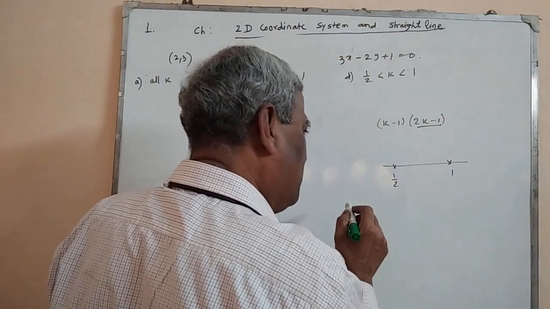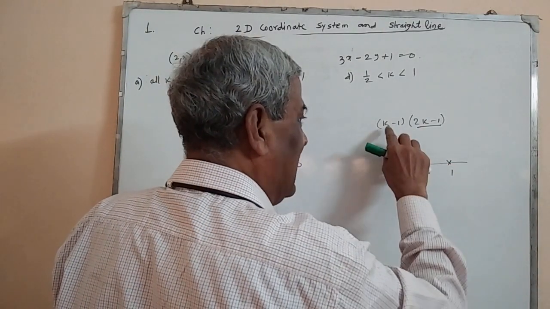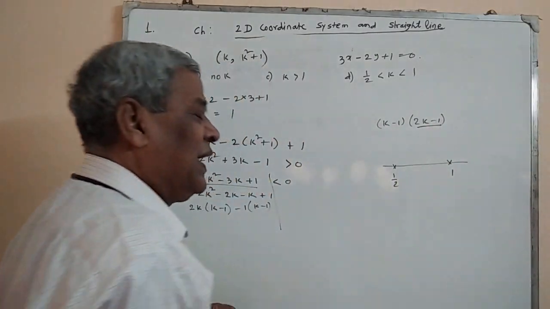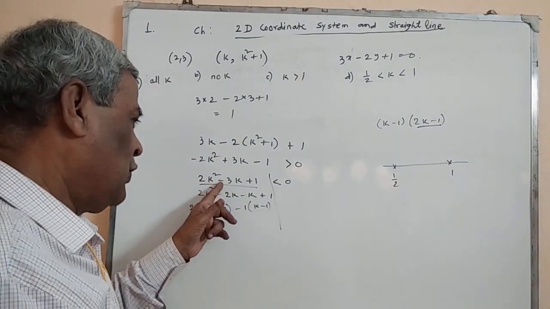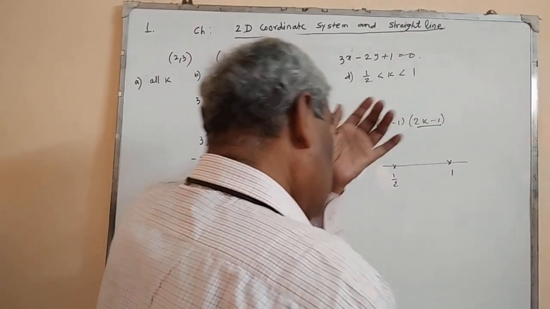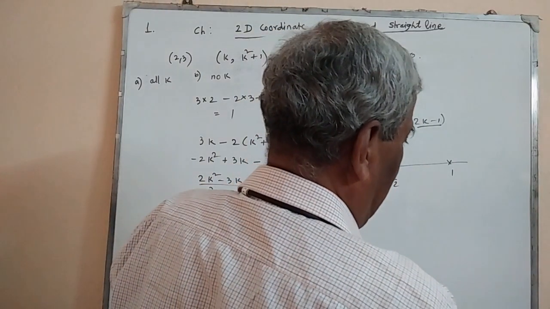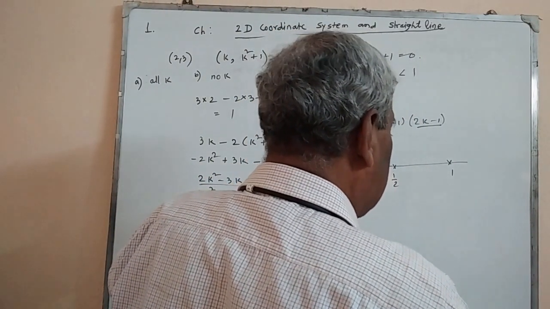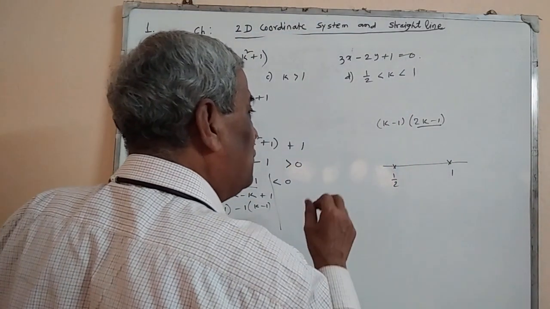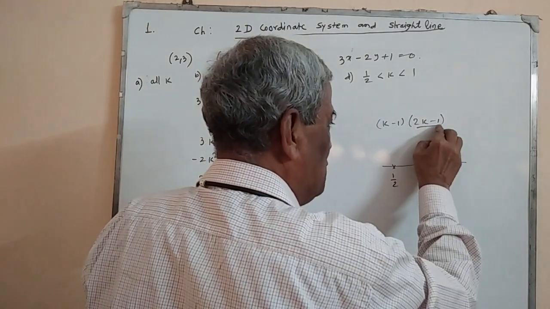Similarly, by putting any value of k less than half, it is negative, this is also negative. Their product is positive, so not satisfying the condition that this is less than 0. Now put any point between half to 1, say 0.6. If you put the value 0.6, this is negative, this is positive.